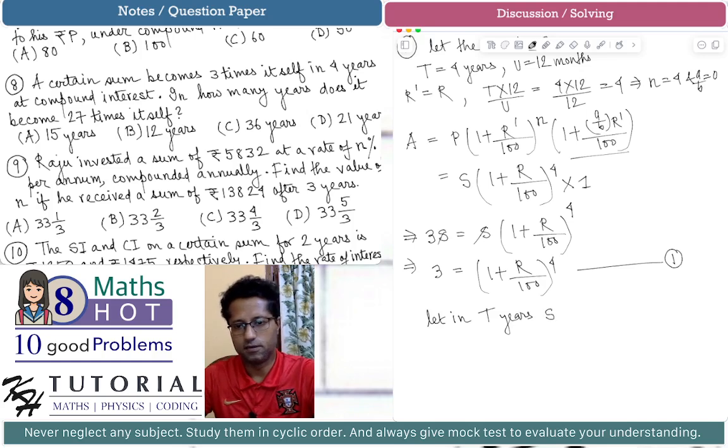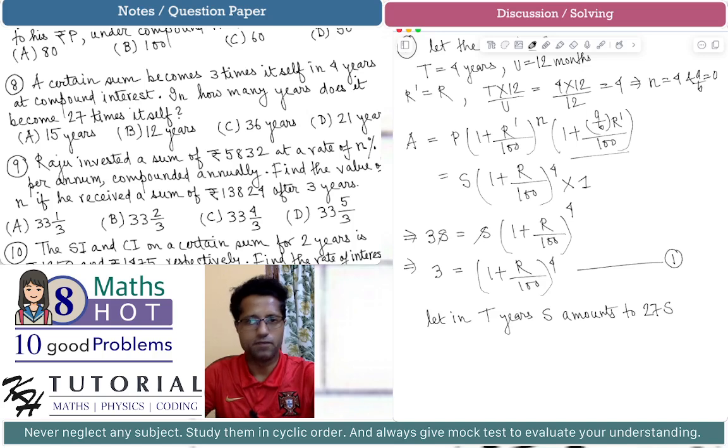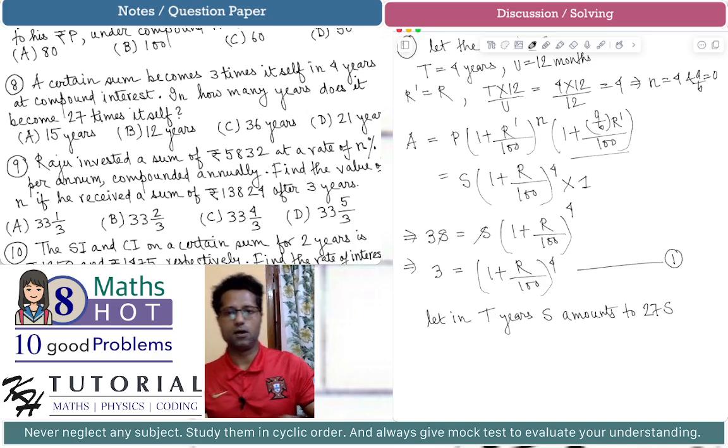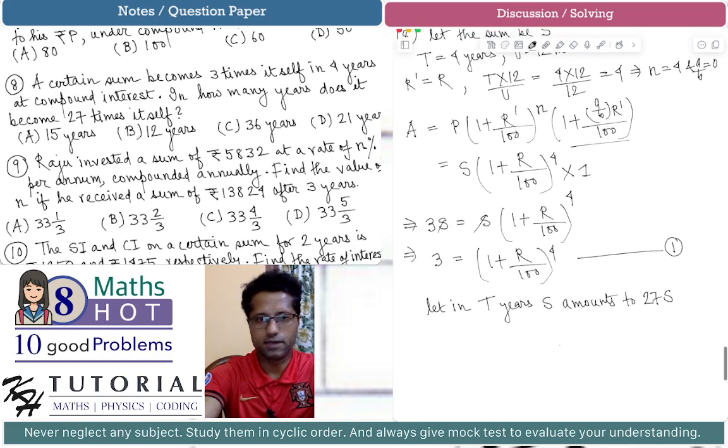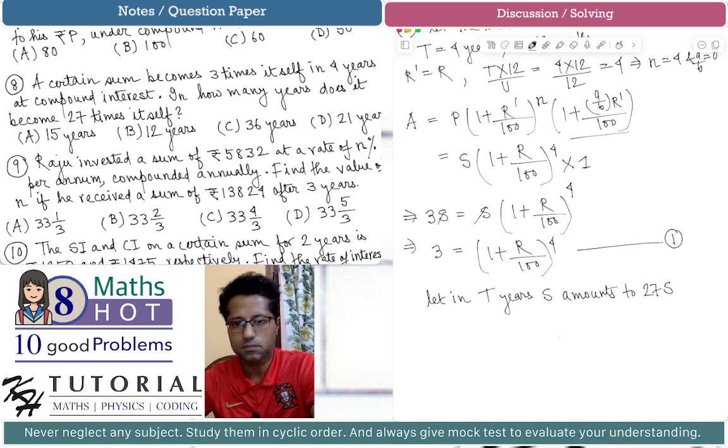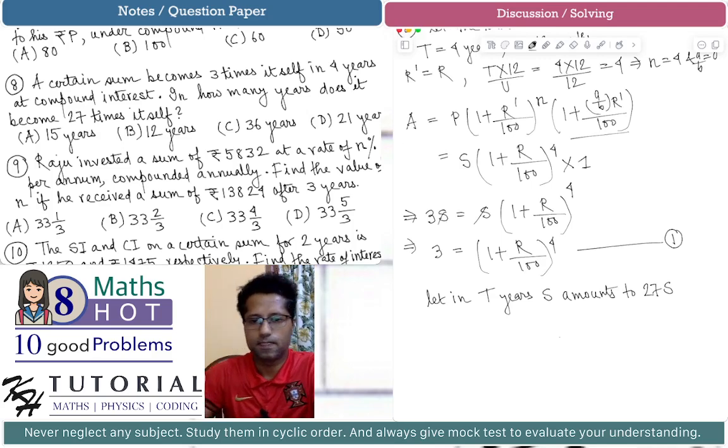So let in t years s becomes, or it amounts to, the better term is s amounts to 27s. 27 times itself means 27s. Now we have to find in how many years. So we are assuming let in t years s amounts to 27s at compound interest, and at the same rate, that is r.